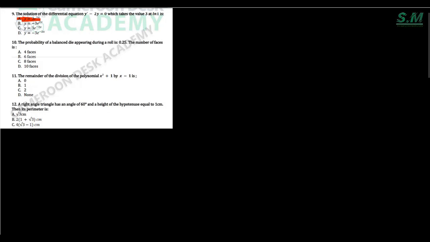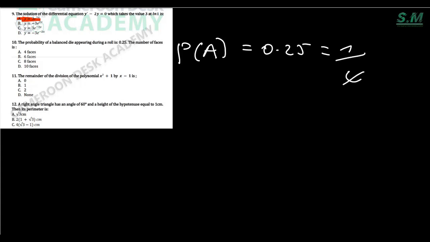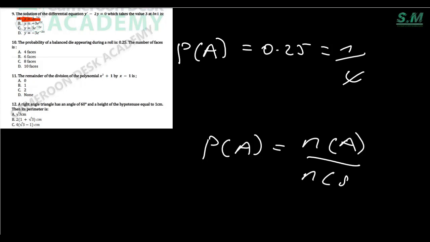So if the probability P of A is equal to 0.25, which is equivalent to 1/4, we see that we have 4 faces, since we know that the probability for an event to occur is equal to the number of times that event can occur divided by the sample space. So the sample space is the number of faces, which is 4. So comparing them, you see that the correct option there is A.